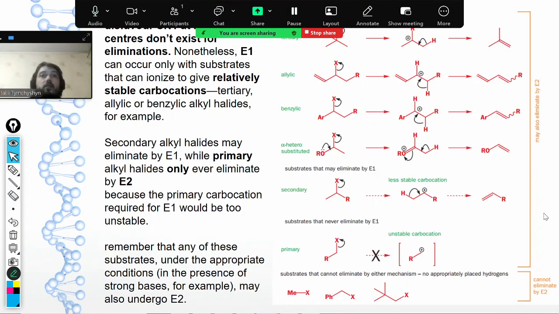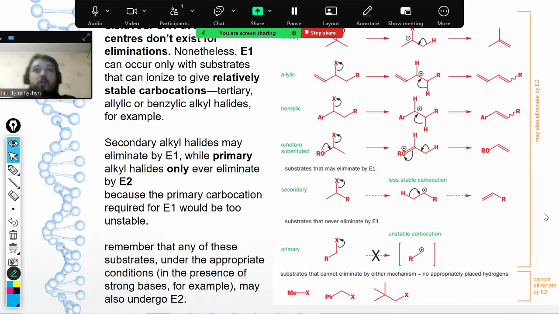The secondary alkyl halides may eliminate by E1, while primary alkyl halides only ever eliminate by E2. Primary alkyl halides give non-stable carbocations, so you cannot get E1 elimination. Your leaving group will not leave. So if you ever get some elimination, you will have the E2 mechanism.